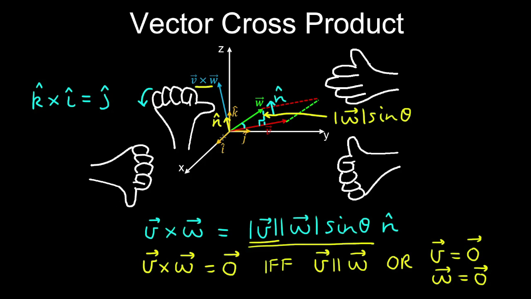And similarly, if you place your right hand in the plane of vectors i and j and curl your fingers from i to j, then your thumb points in the k direction. So i cross j is equal to k.